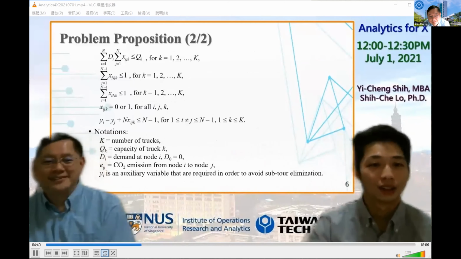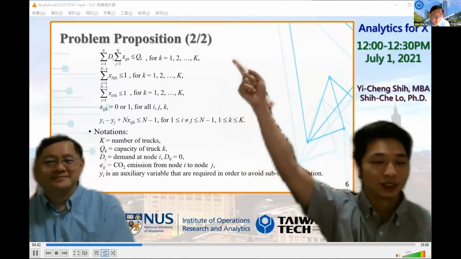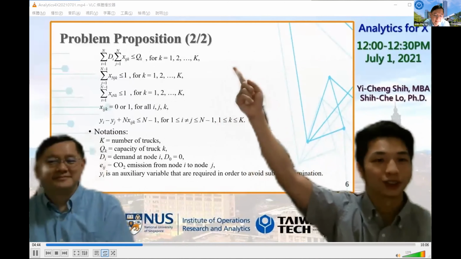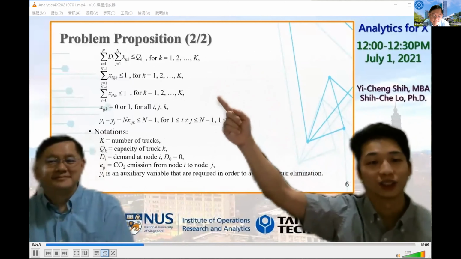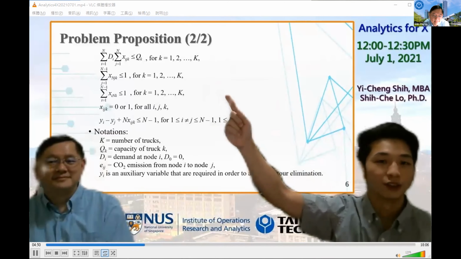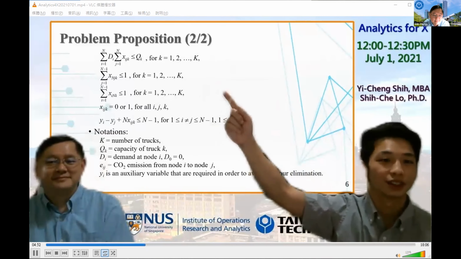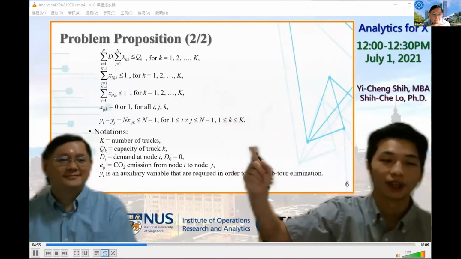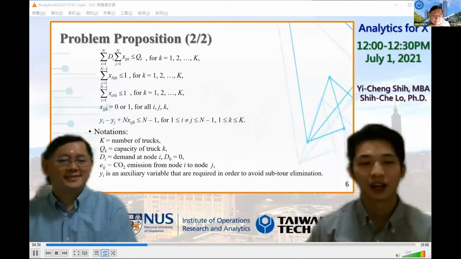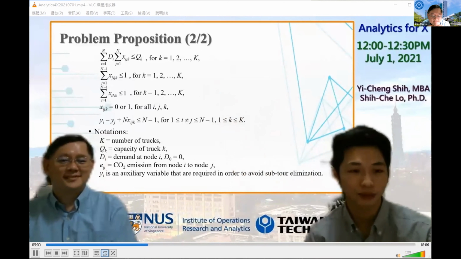This one is for the capacity constraint, and these two are to ensure the truck's capacity does not exceed the limit, and the last one is to eliminate any subtour. And here are our notations.